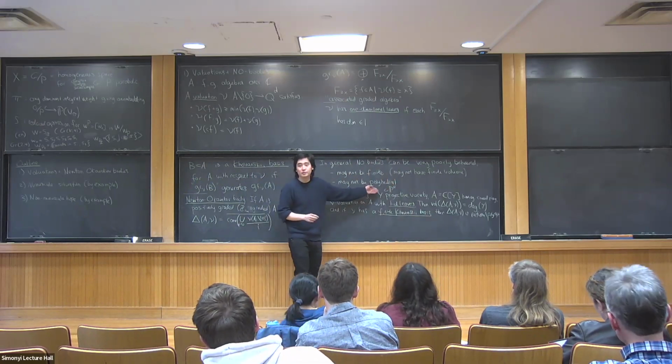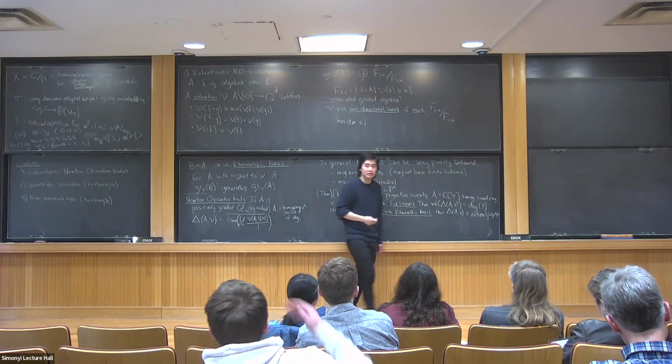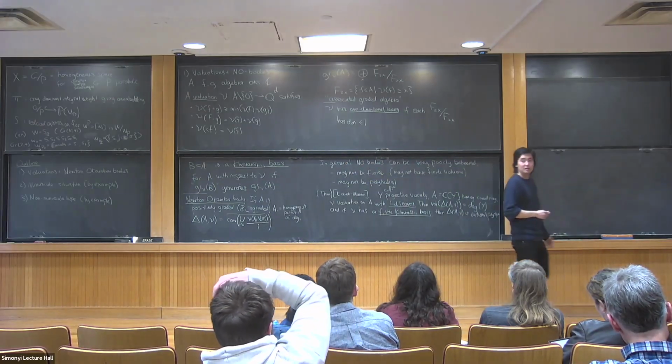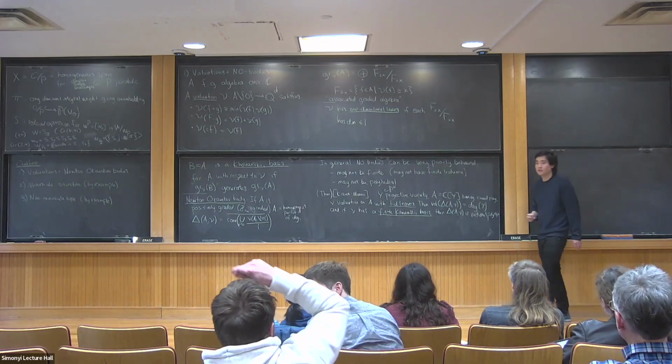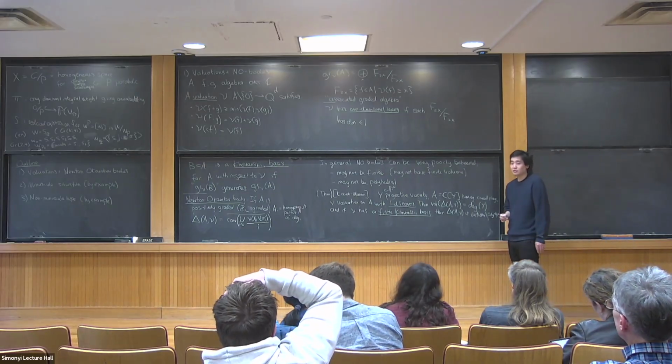In some sense, this is an assumption on A, saying that A can't be too bad. It's a finitely generated graded algebra. So you're saying generated in degree 1 or something?